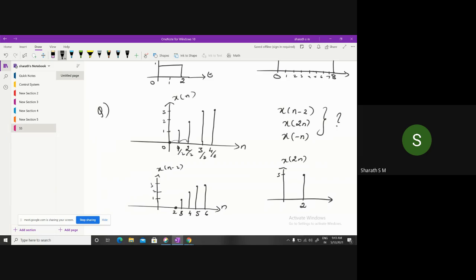And 3 by 2 is 1.5. Because it is discrete, it is not possible to write down for 1.5. Then for 2 by 2, it is 1, so it maintains the same amplitude level of 2. That is at 1. Afterwards, at 1 by 2, it is not possible to write down. At 0, it is 0. So this is x of 2n.